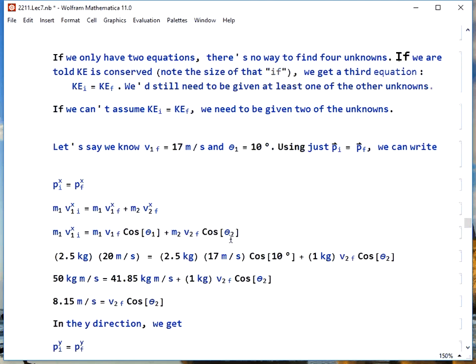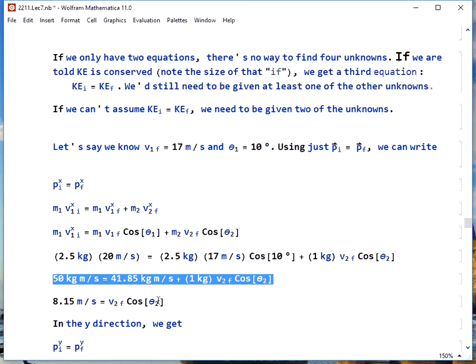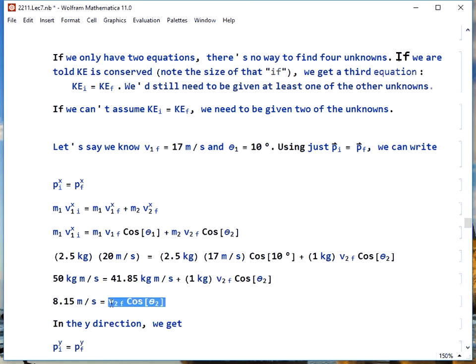Afterwards we get m1 times v1 final x plus m2 times v2 final x. We know the initial stuff. The final stuff, we've been given that as well. What we don't know is v2f and cosine theta 2. But we can reduce this down to something. We can find out what v2 cosine theta 2 equals. And it's 8.15 meters per second.